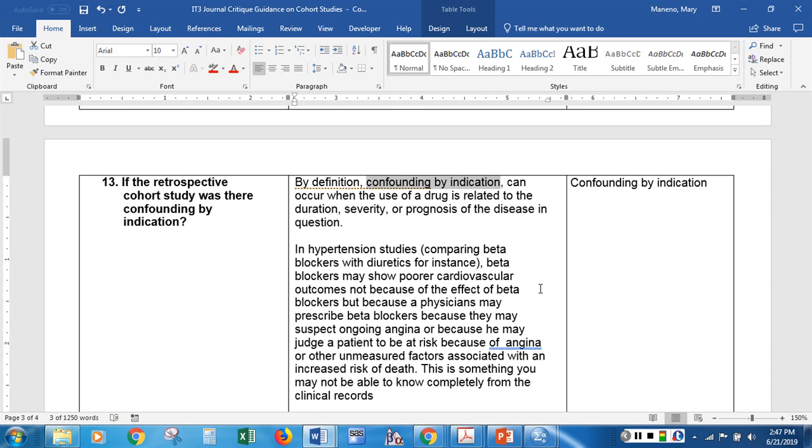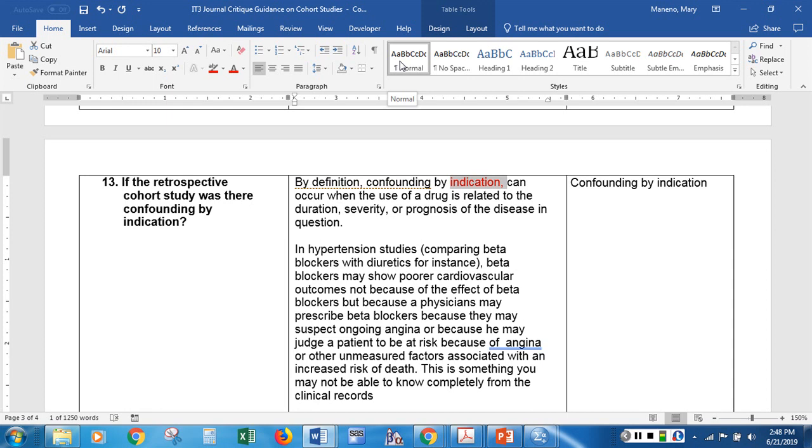Simply because of this confounding by, and the operating term here is indication. The indication of the newer drug is such that it essentially captures people who are sicker, and therefore whenever you're comparing it to the other drug, it shows that the newer drug has a negative impact on health outcomes.